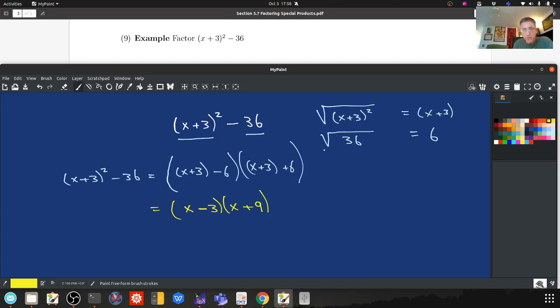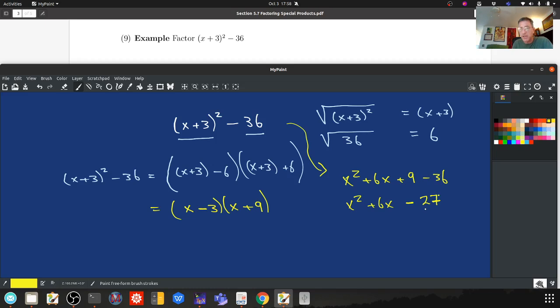Now, if you were to have expanded that to x squared plus 6x plus 9, and then subtracted 36, you would get x squared plus 6x minus 27.